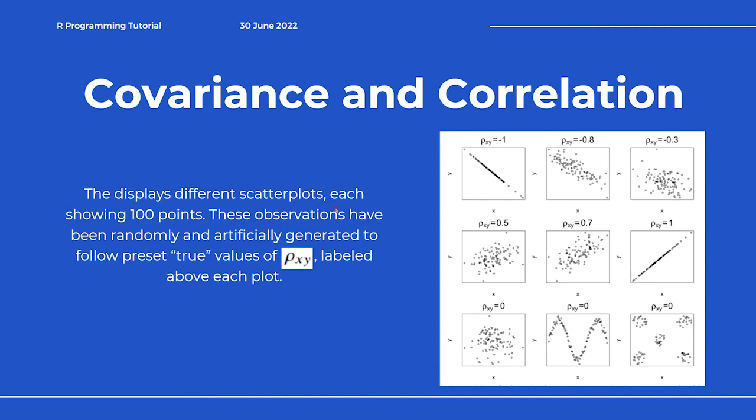If the correlation is negative, it means that there's a downward trend. If it's positive, it's an upward trend. And if the correlation is equal to zero, there's no relationship between the two variables at all. So yeah, I hope you learned something on that.